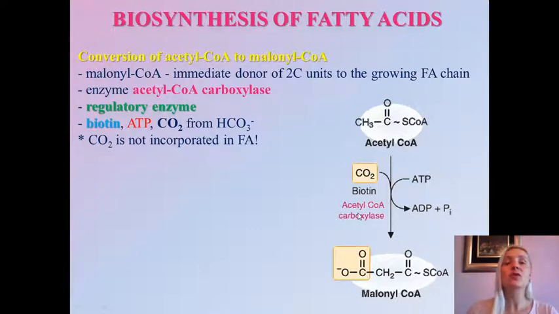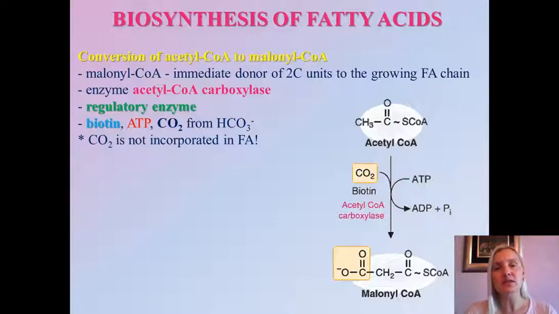Like all other carboxylases, this acetyl coenzyme A carboxylase also requires the presence of biotin as a coenzyme, and not only coenzyme, it's a prosthetic group covalently attached to the enzyme. If you remember, we explained it previously. Actually, the carboxylation process is completed in 2 steps.